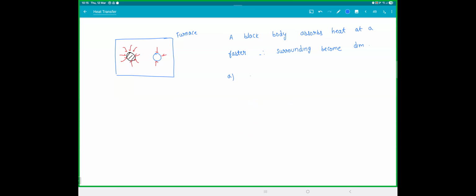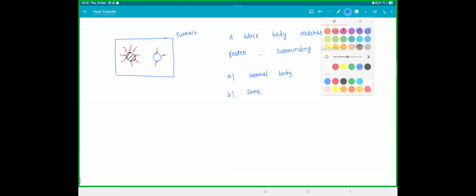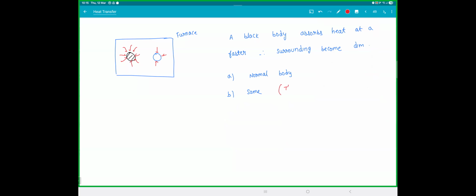So the normal body will look bright for a few seconds. But if you keep it for a long time, they both will look the same because you reach steady state. The black body is absorbing more, but it is also emitting the same amount. That's like the black body absorbing 1000, emitting 1000. The normal body is absorbing 200, it also emits 200.